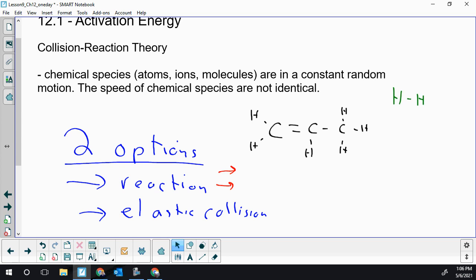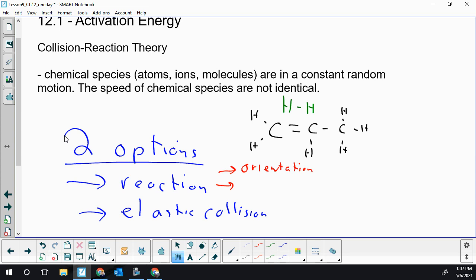Our hydrogen molecule must hit our propene at the right point. If it hits it at the end far from the double bond, you're not going to get a reaction. When we refer to this as the correct orientation, we have to have the hydrogen hit the double bond at the right part of the molecule, and often the correct angles are required. So if they don't hit each other in the right spot, no reaction. Hit each other at the right angles, no reaction.